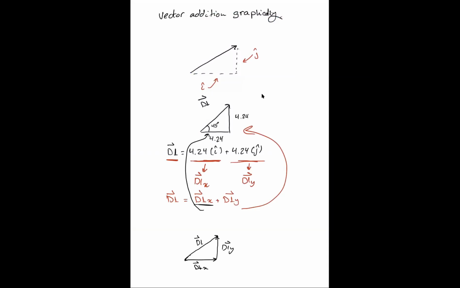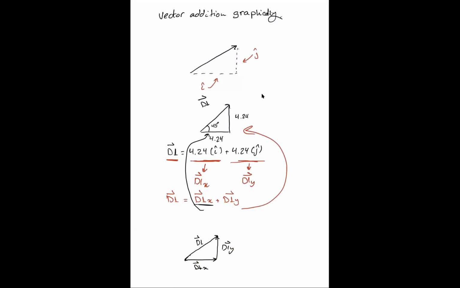That should give us an insight into how vector addition works. When we were adding the two vectors, D1x and D1y, we laid out D1x first, then attached the tail of D1y to the tip of D1x. The resultant vector was D1, the big vector, and that was the result of the addition.